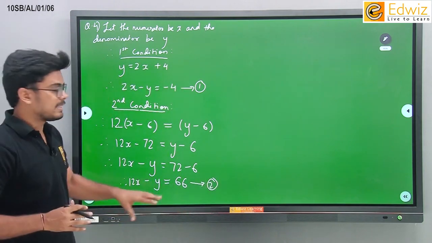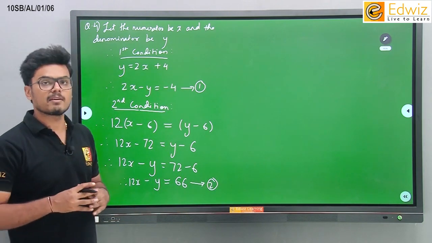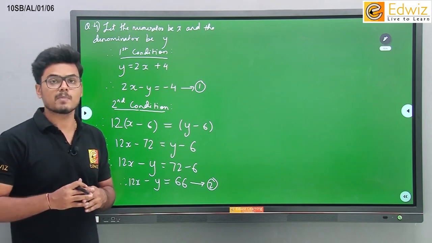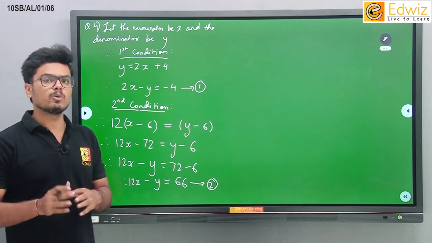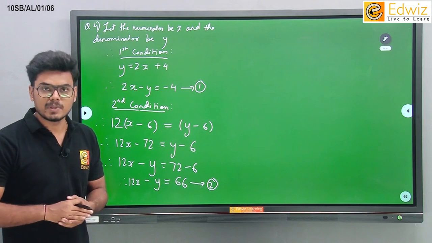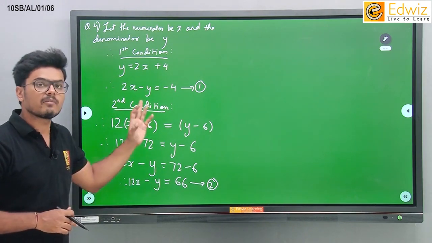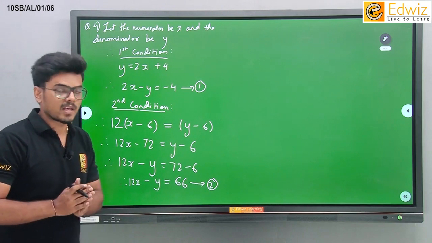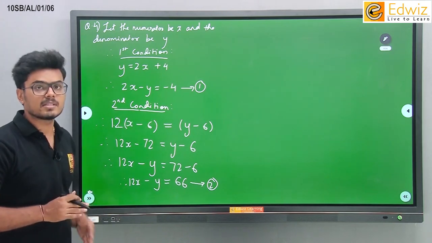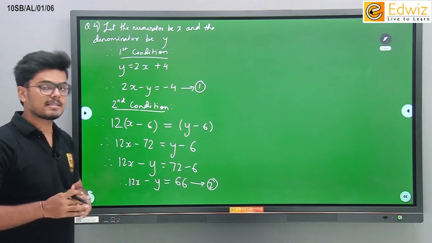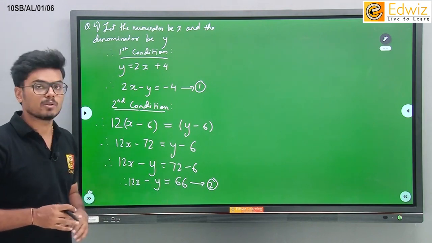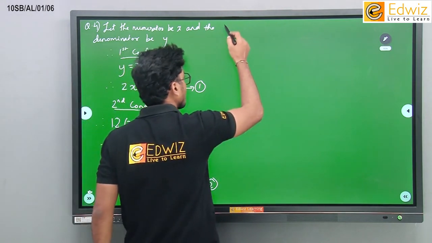Okay, now this is the first equation, this is the second equation. Even here we can use Cramer's rule, but the easier thing to do here will be just use the elimination rule, because here coefficients of y in both the equations is the same, correct? So we can directly subtract equation 1 from equation 2 to eliminate y.